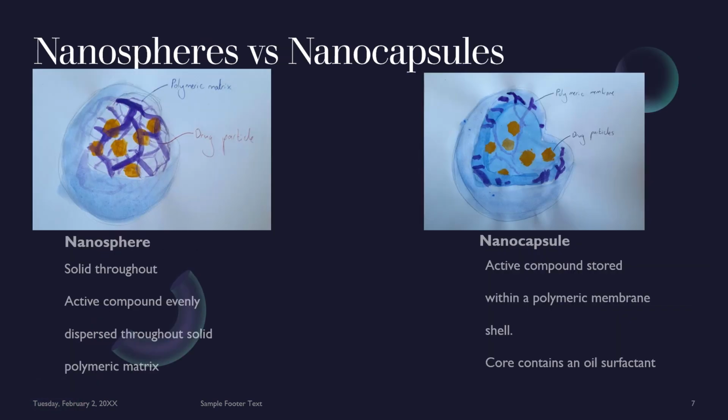In a nanosphere, the active drug compound is uniformly dispersed or covalently bonded to the solid polymeric matrix, while in a nanocapsule, the active compound is stored within a polymeric membrane shell. Within the core of a nanocapsule, there is an oil surfactant, which must be highly soluble with the drug and non-toxic.